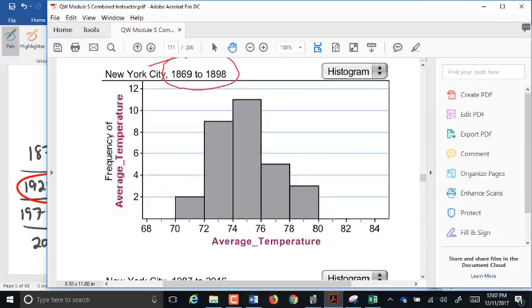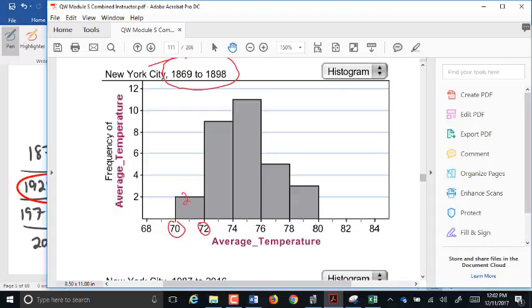And what you see here is they took those 30 temperatures and they grouped them together. They said, okay, how many years is that average temperature between 70 and 72 degrees? And technically they probably had to do it as 70 to 71.99 degrees.